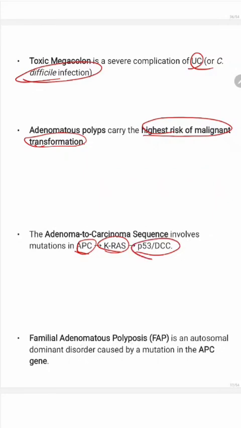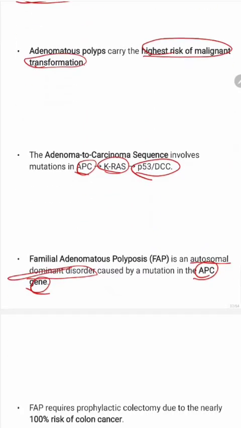Now, FAP, familial adenomatous polyposis, is an autosomal dominant disorder. Okay, you have to memorize it. Familial adenomatous polyposis is an autosomal dominant disorder and it is caused by APC gene mutation.